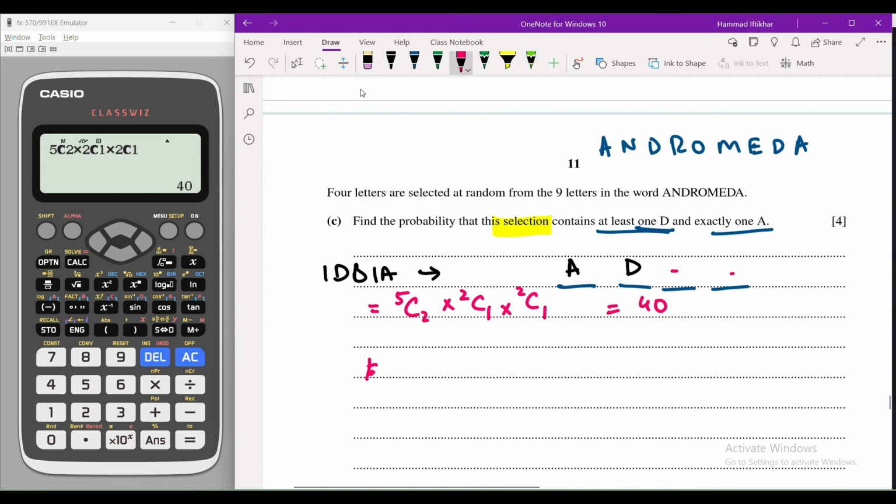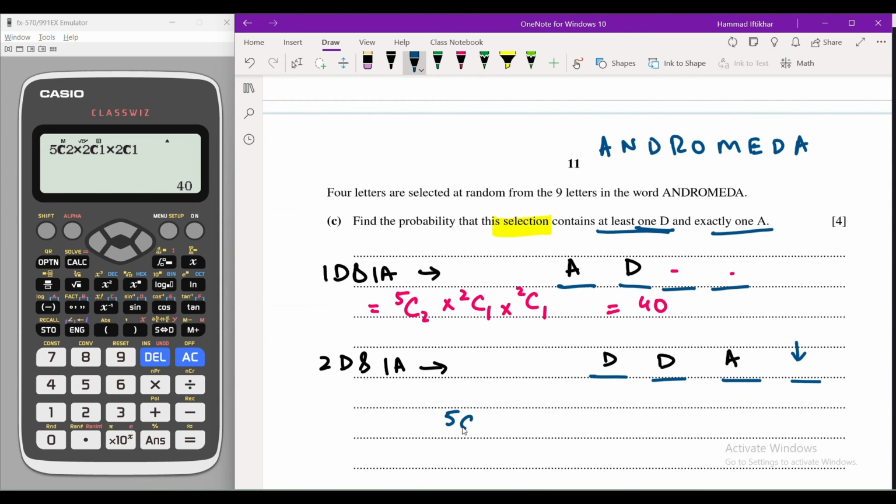Now for the possibility when we have 2 D's and 1 A. So again, similar to what we did over here, we have 2 D's and 1 A already selected. So for the last place we have to select from a pool of again 5, right, because 2 D's are gone, 1 A is gone.